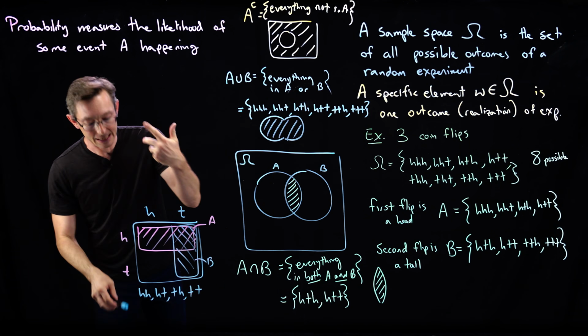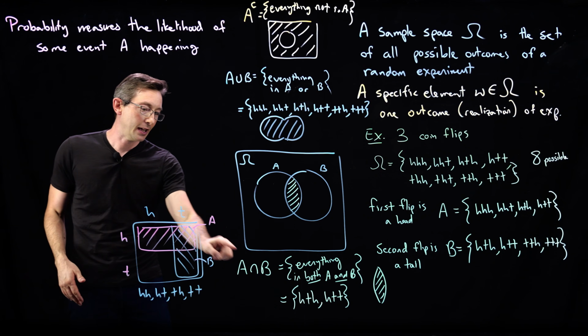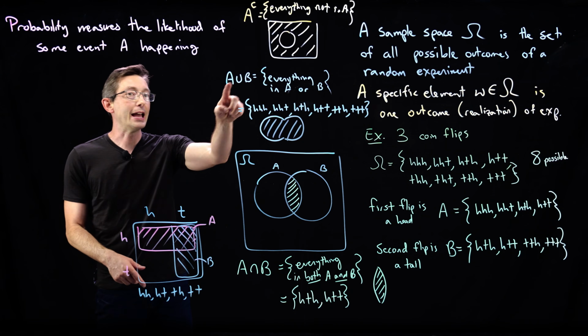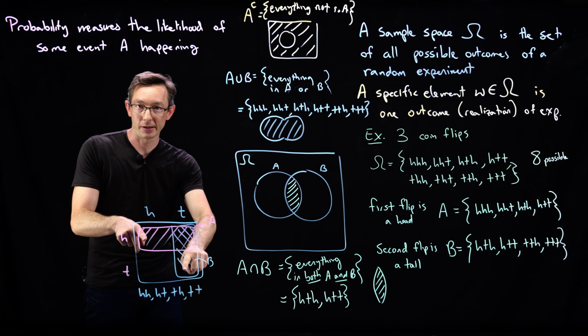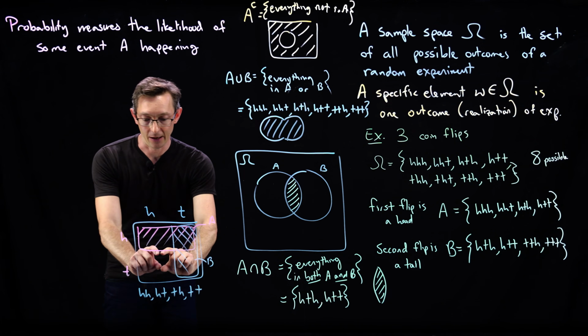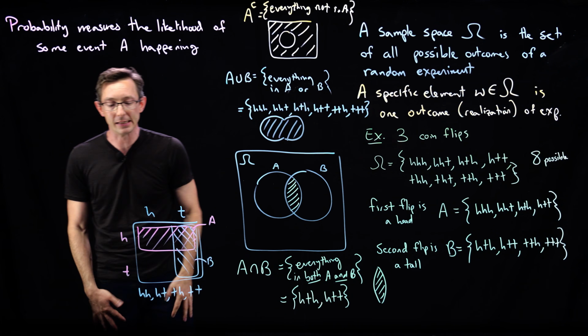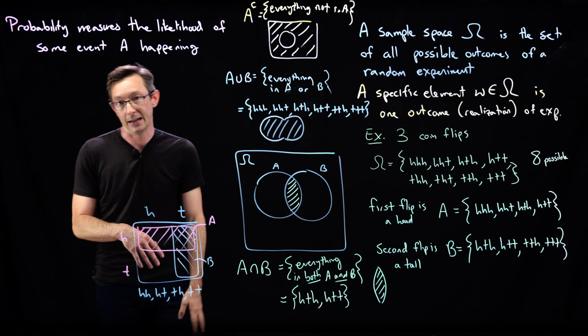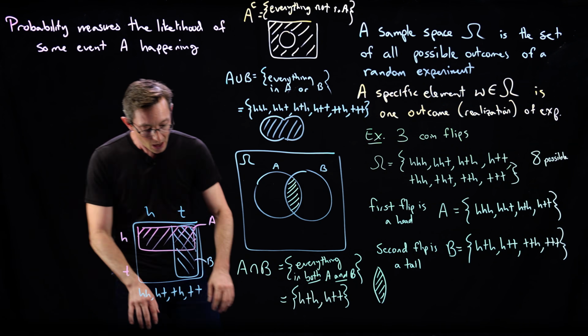And it's really easy now to see that the probability of A and B is 1/4. The probability of A or B is 3/4. The complement of A is 1/2. You can do this really, really easily. You can actually make this diagram make sense with the problem at hand here. Okay, good. Okay, cool.